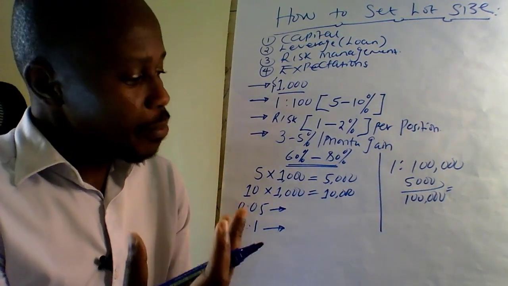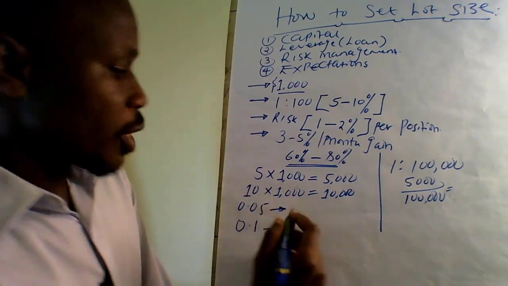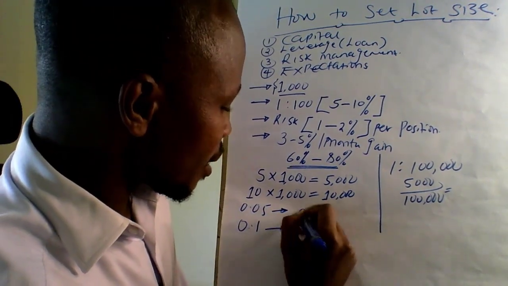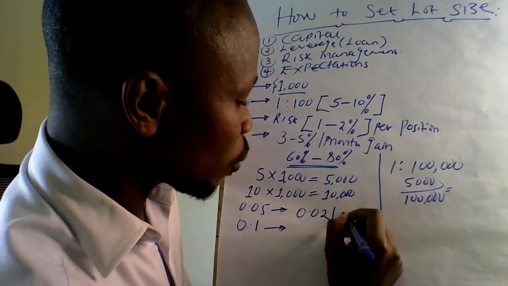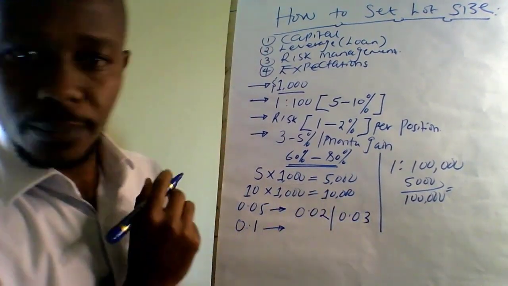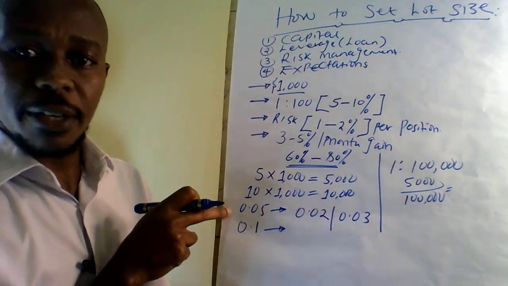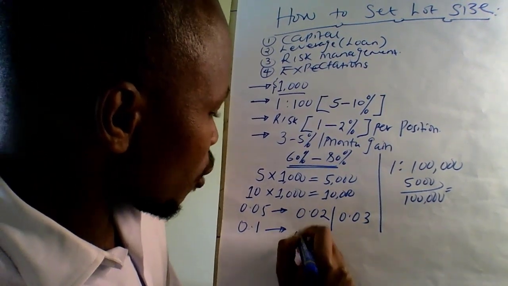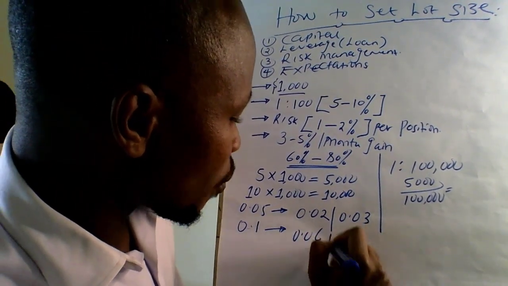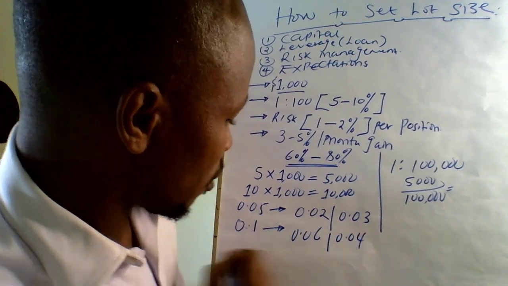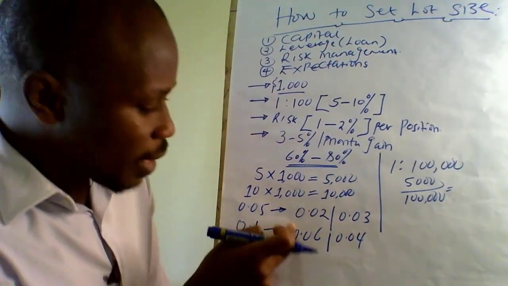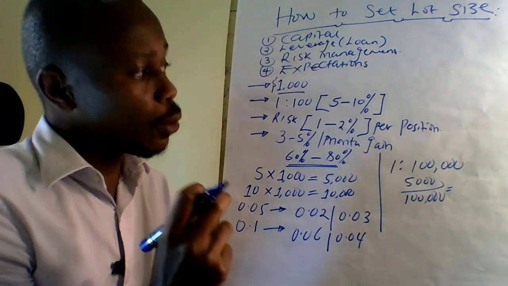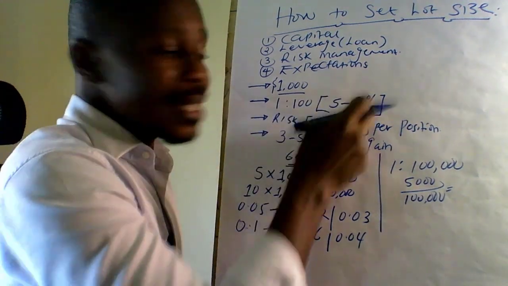Say you'd want to have maybe 2 or 3 trades. If you pick 2 trades, maybe one trade could be 0.02 and the other 0.03. The total is 0.05. Or you could say maybe I have one trade of 0.06, the other trade will be 0.04. Again, you are still within the maximum amount of capital based on a realistic leverage.